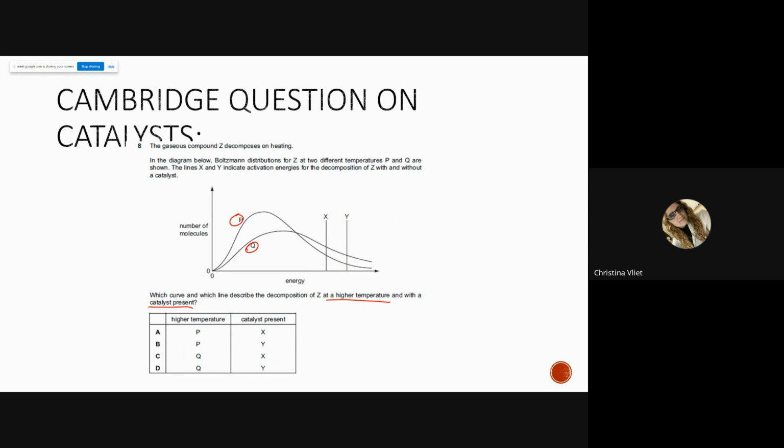So first, which curve is the higher temperature? Here. So we know that this is going to be either C or C. Now, which one has a catalyst present? X or Y? X. Because the activation energy was moved back. So the answer here is C. Good?